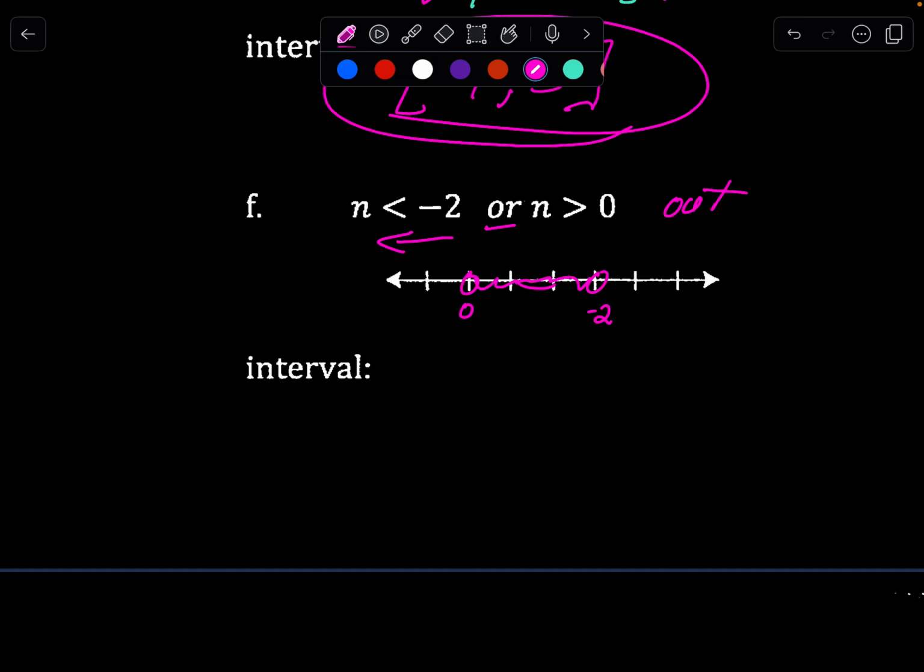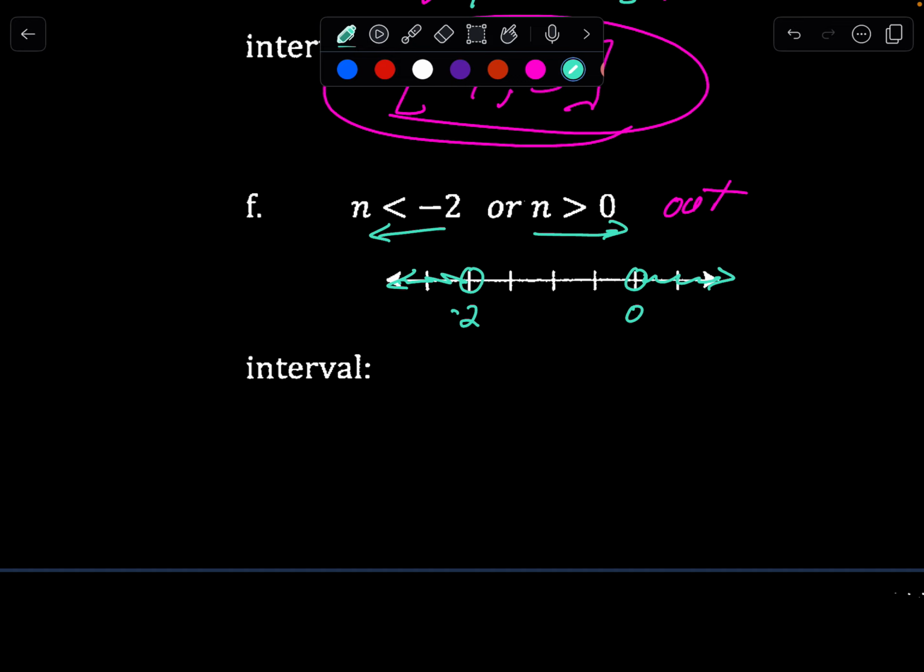The reason why this doesn't work is because negative 2 is smaller than 0. So we have to make sure they go in order. All right, so keep it in line. Put your negative 2 here, put your 0 here. Draw a circle, neither of them is filled because they don't have an equal to. Negative 2 is going left, so we're going left with the negative 2. 0 is going right, so we're going right with that.